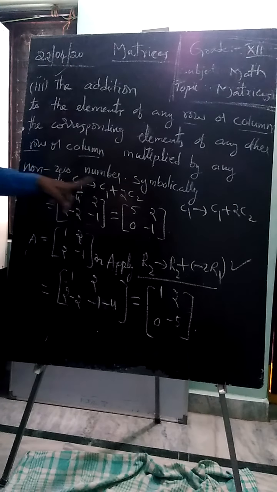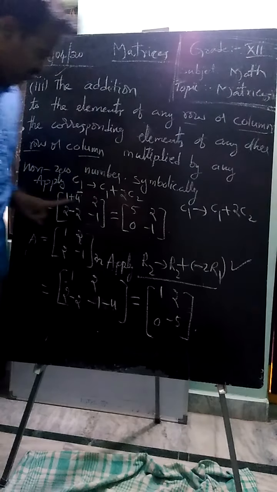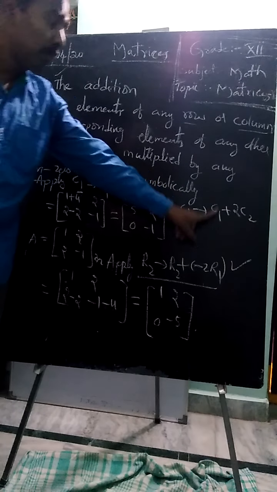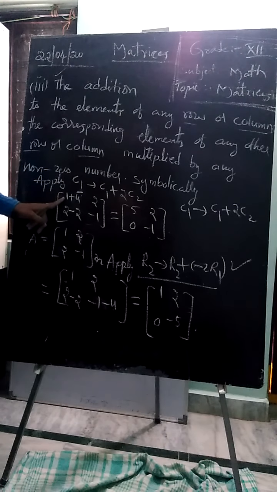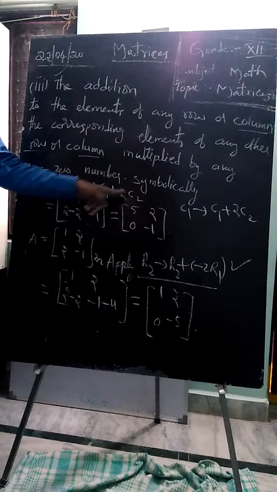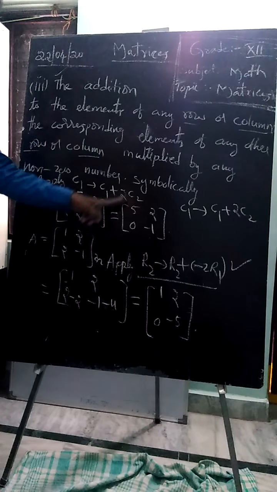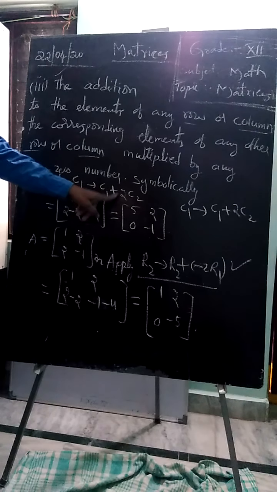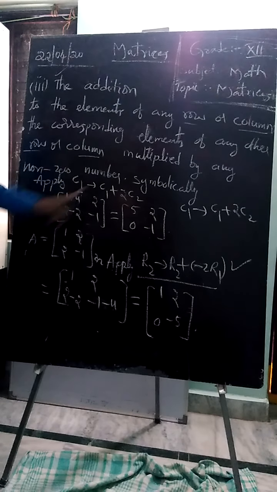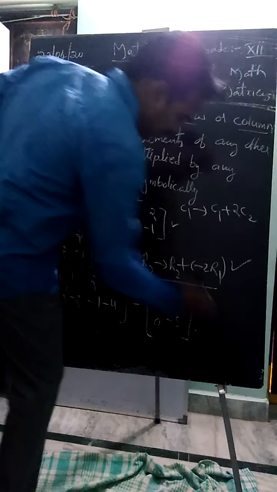So the first column we are changing as C1 plus 2C2, the sum of C1 and 2 times the C2 element. That is 1 plus 2 times 2, which is 4, because the first element in the second column is 2. Again in C1, 2 plus into minus, 2 ones are 2. We got the resultant matrix like this.